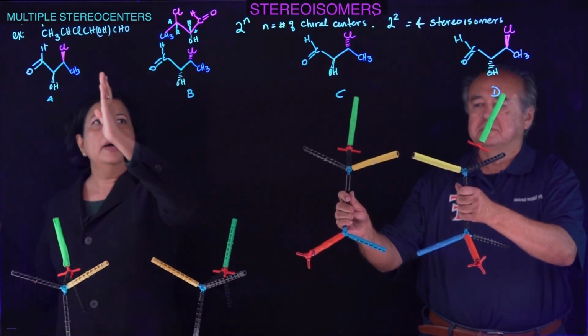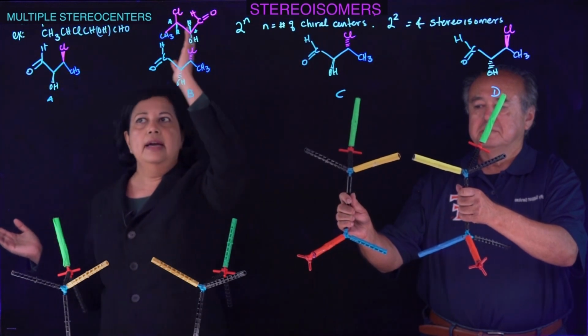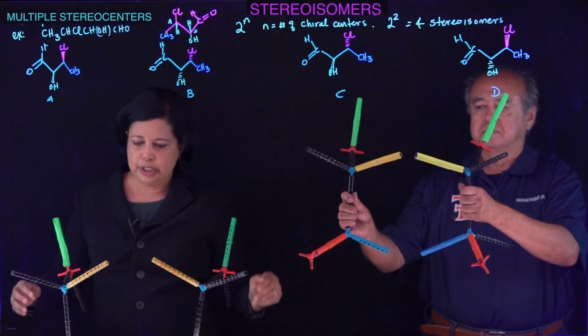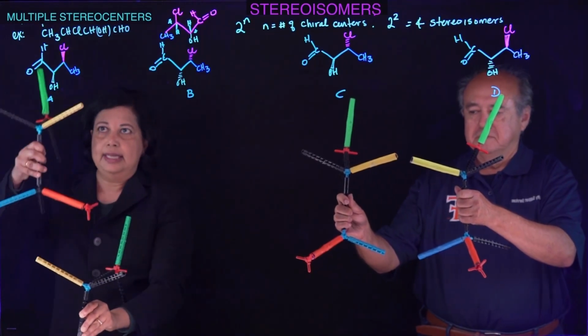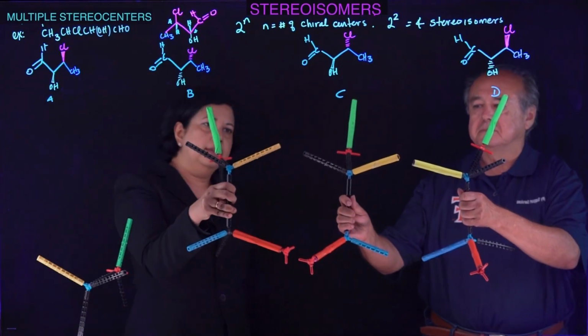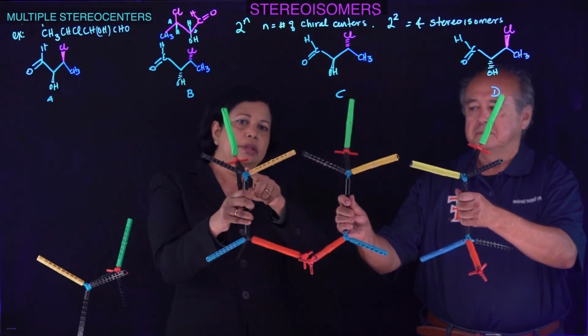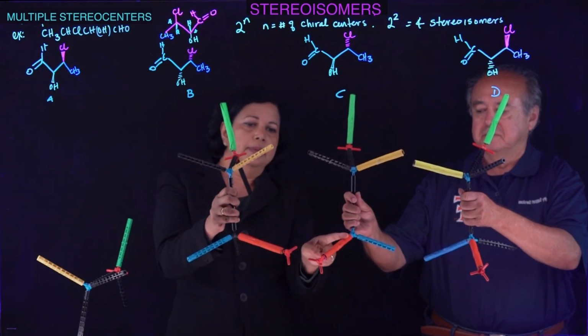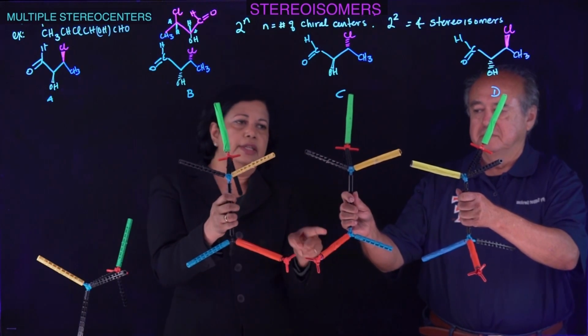But what about A and C, A and D, or B and C, B and D? What's the relationship there? Let's look at it. So let's take A, and well, here is a molecule. The top here is the same. The bottom is inverted. So this is a reflection, this is not.